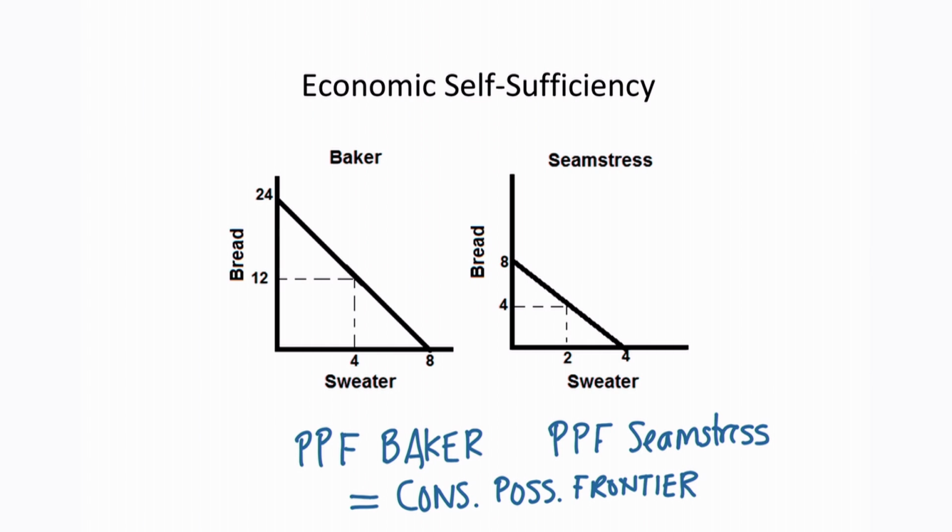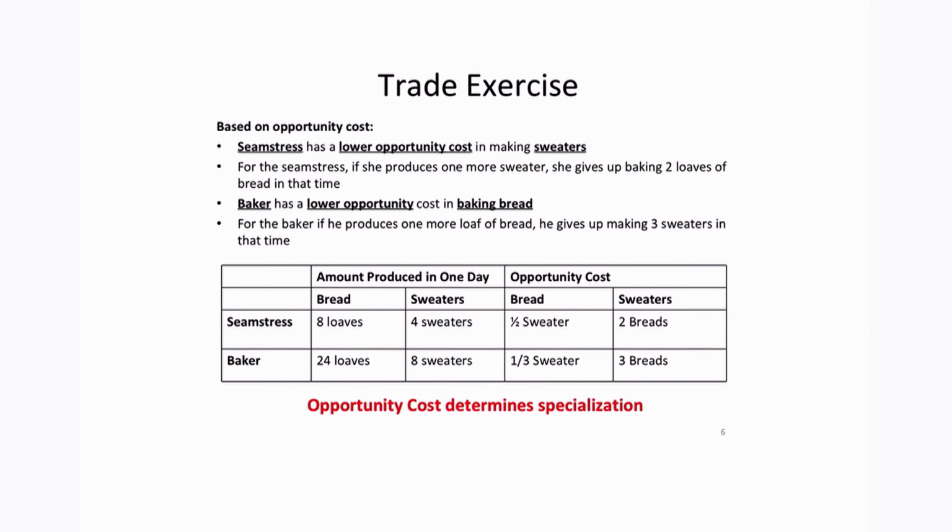So if they split their time evenly, the baker is going to produce 12 loaves of bread and 4 sweaters, and the seamstress is going to produce 4 loaves of bread and 2 sweaters. Now, what we can see here is that we can calculate the opportunity cost. Remember, the opportunity cost is what you give up to get something.